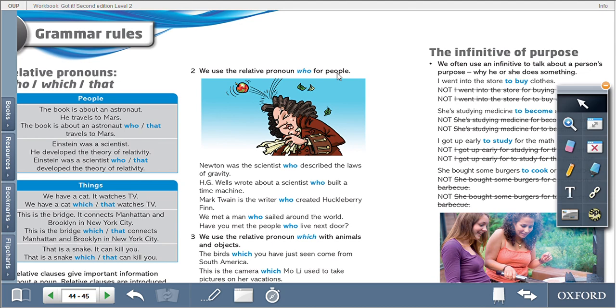Look at here, it says, Newton was the scientist who described it, the laws of gravity. ¿Se fijan? En vez de poner un punto y poner he, ponemos who. ¿Por qué? Porque estamos hablando de un científico, de un señor. Entonces, we're gonna use who. Entonces, recuerden, who for people.